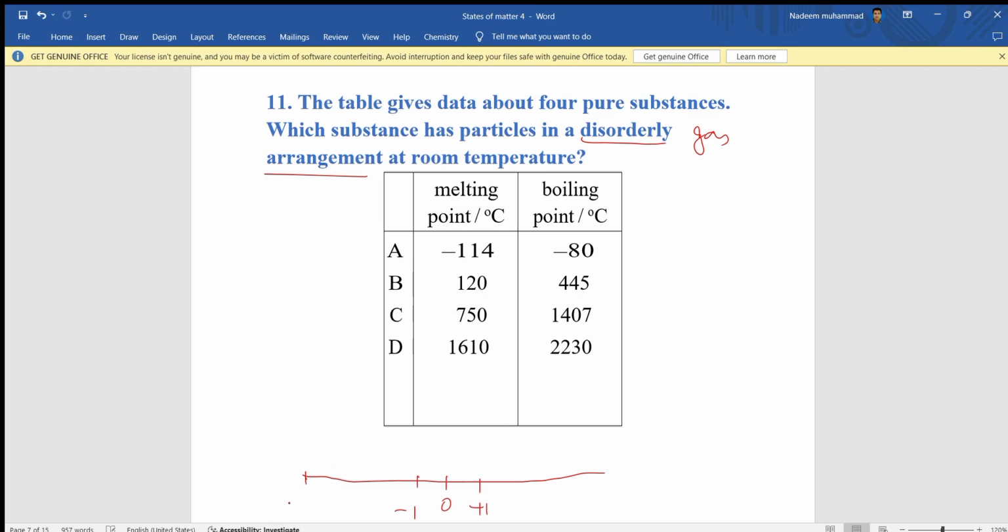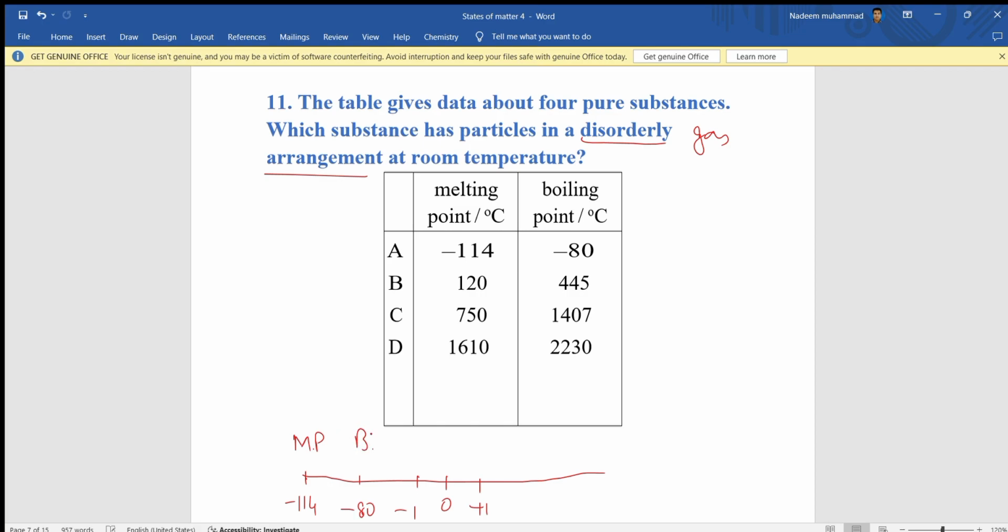If we plot these melting points and boiling points on the number line, for example, if we check A, the melting point is negative 114 degrees Celsius. This is the melting point of A. And its boiling point is minus 80 degrees Celsius. This is the boiling point.